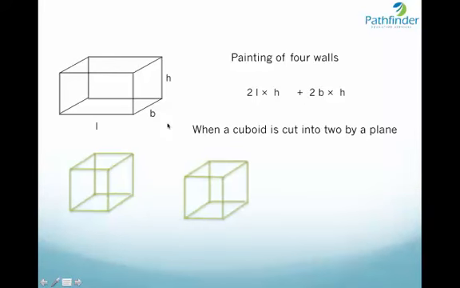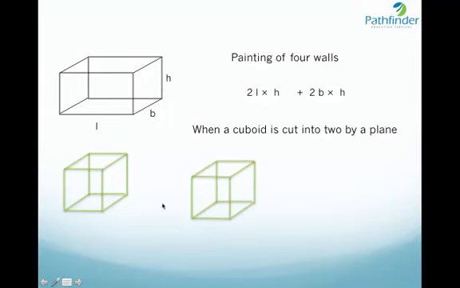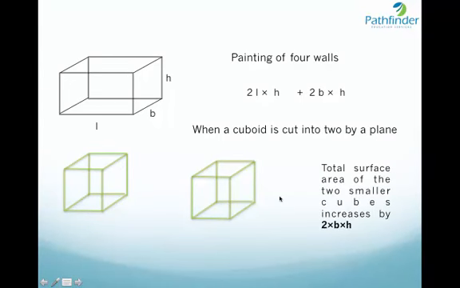Then the cuboid is cut into two halves, not necessarily equal in this case, but one thing is certain, that the total surface area of the two smaller cuboids increases by 2 into B into H. So the total surface area of the two smaller cuboids is more than the surface area of the original cuboid by 2 into B into H, because B into H is the area of this surface, and two such surfaces come out which were earlier hidden.